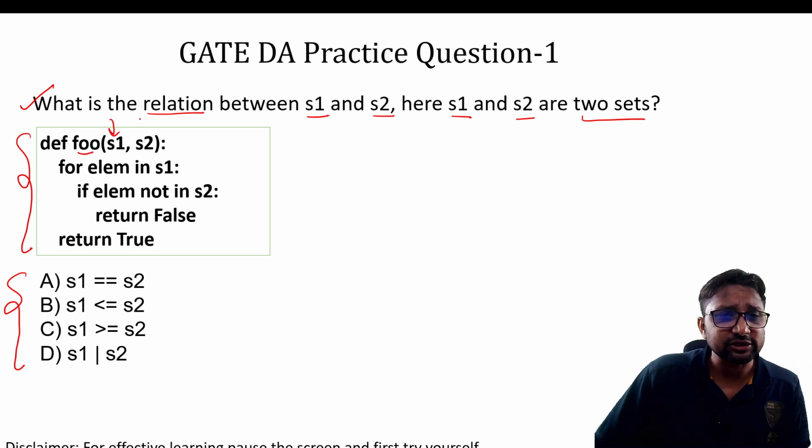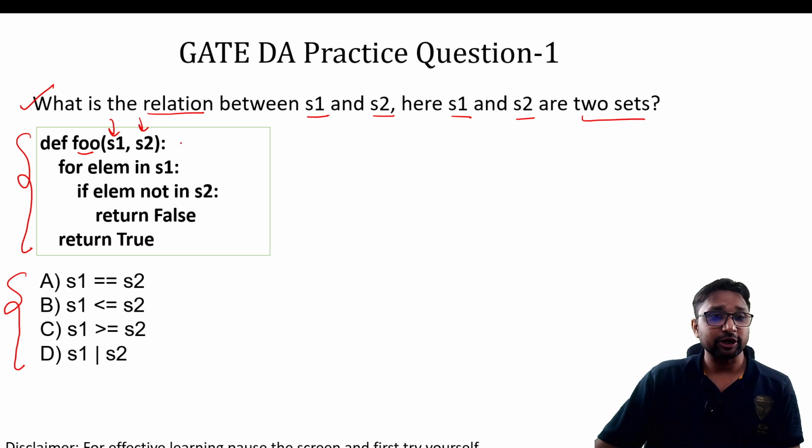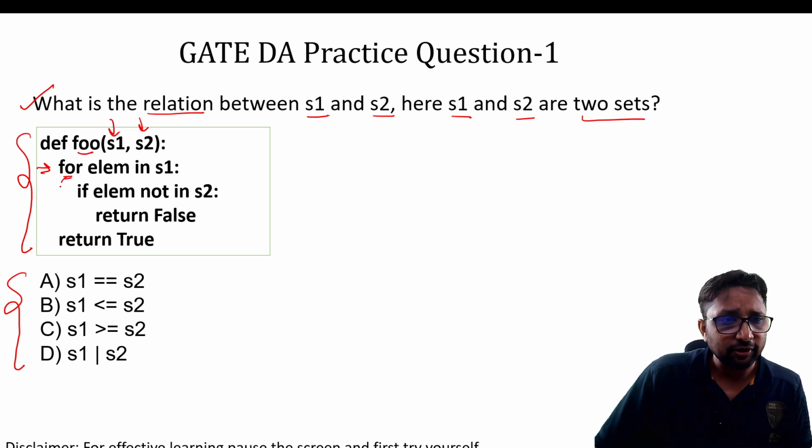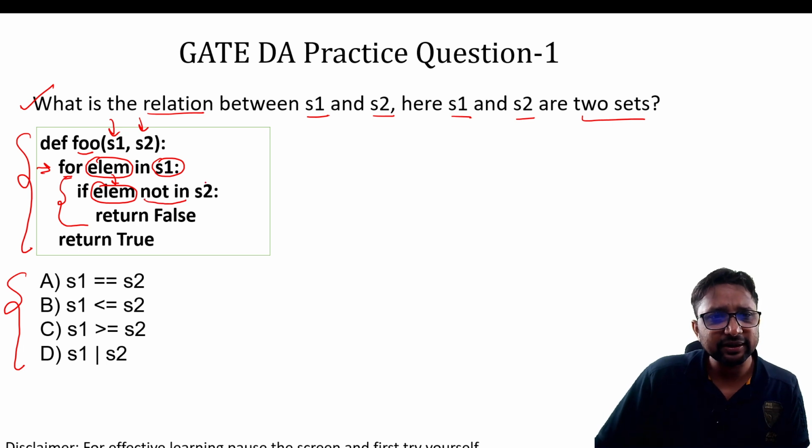and we are giving input two sets S1 and S2 to this function. In this statement we are executing a loop from here to here, taking one element from S1 and checking if this element is not present in S2, then we will return false.